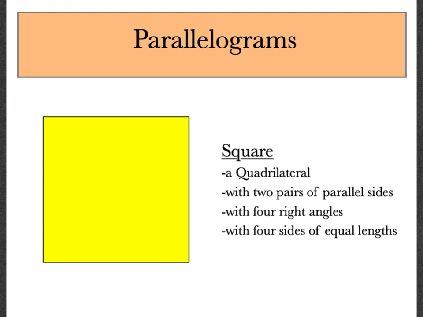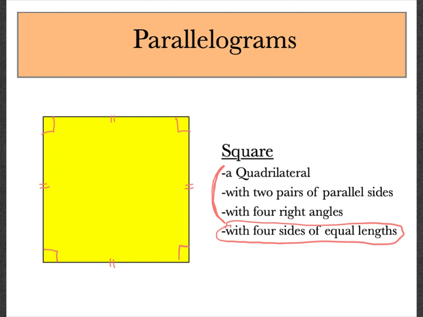And then we have four right angles, just like with our rectangle. So from here down, this is really going to be a rectangle. The new specific part is that you have to have four sides with equal length. This side is equal to this side, and this side, and this side. These little slashes indicate that they're equal to one another. So this is a square, which you've seen since you were little.